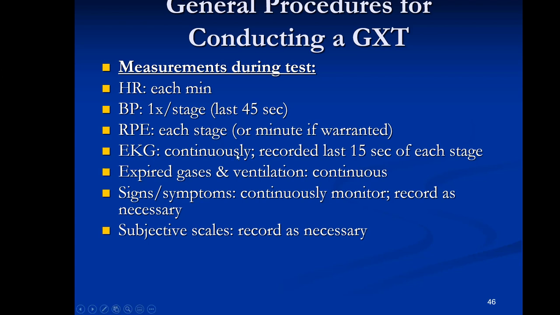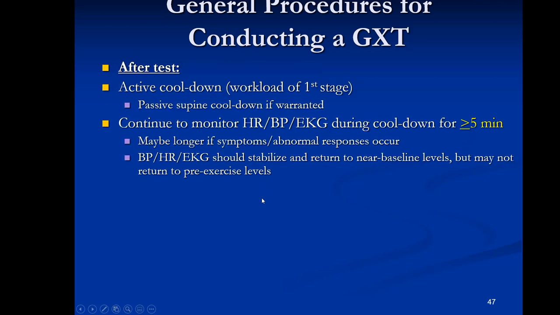Also EKG, if you're measuring it, you measure it continuously and then record it, saving it at least every stage. Continuously collect the gases and ventilation. Monitor signs and symptoms continuously, and use subjective scales as necessary, like the angina or dyspnea scale.